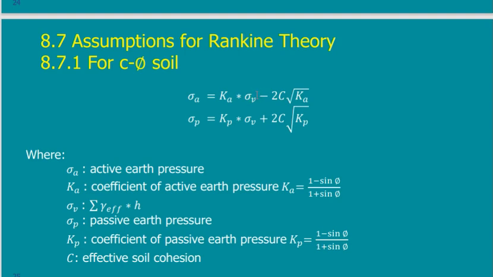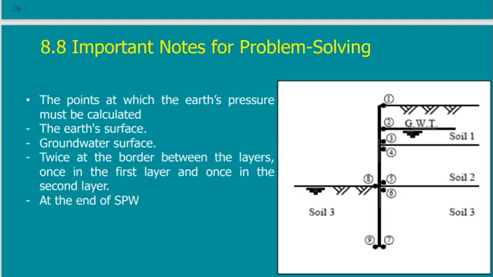So I have C and phi in this equation, and I will have C and phi for this layer. It starts from this level till this level. If I go 1 centimeter above, I have a C and phi. If I go 1 centimeter below, I have a different phi.